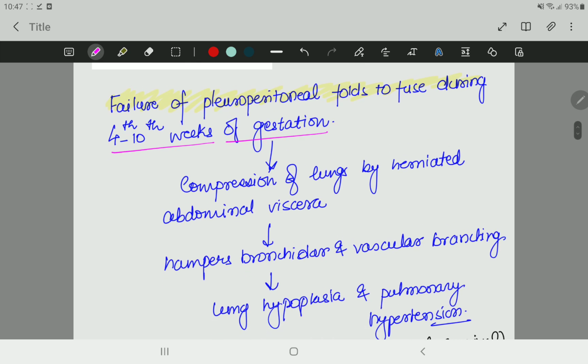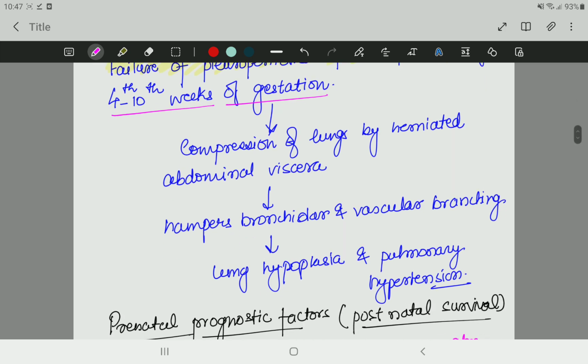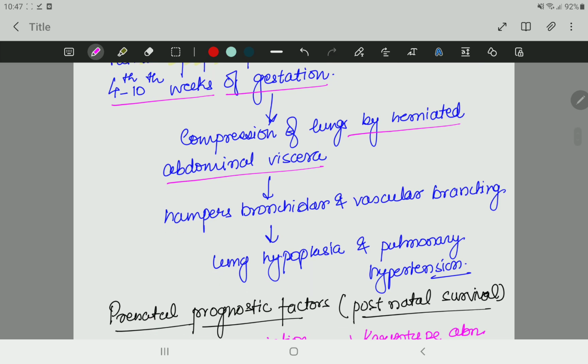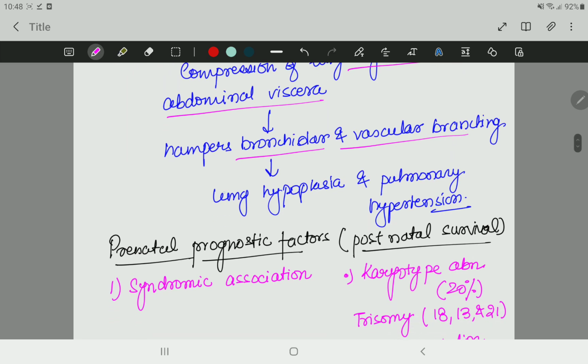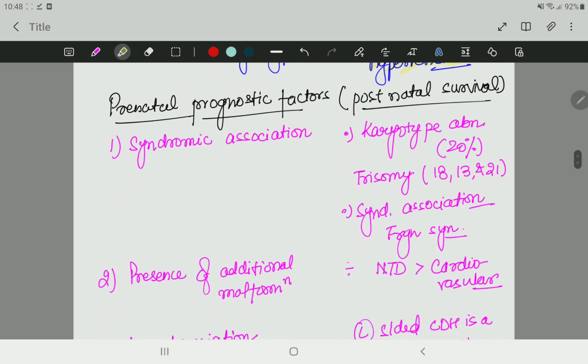This failure leads to compression of the lungs by the herniated abdominal viscera, which enter the defect, and it hampers bronchiolar and vascular branching, ultimately leading to lung hypoplasia and pulmonary hypertension, which have an impact on overall management.